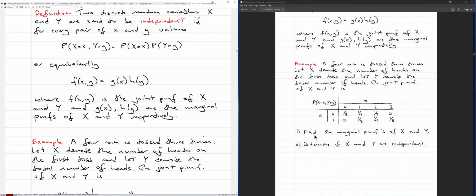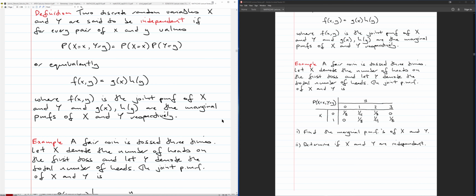Now, given this PMF here, in the small case where you only have a small number of possible values for x and y, so you have this small table with 8 entries, you can get an idea of whether your random variables x and y are independent.